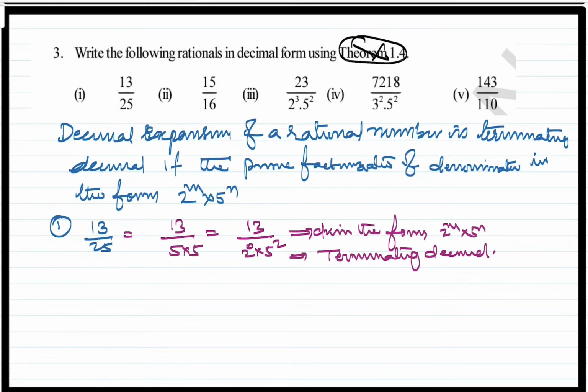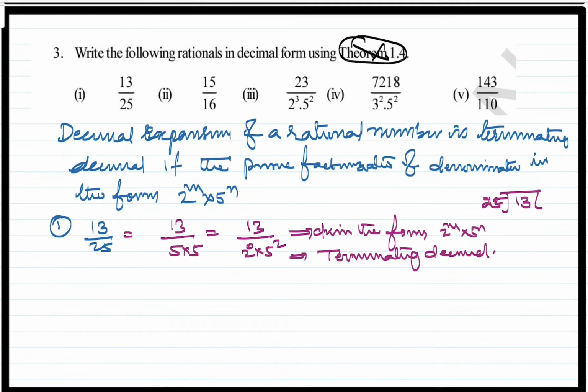So what is the decimal form of this one? Now I am going to tell you. Its decimal form means a terminating decimal. Okay, I will tell you this one and the decimal form also. 13 divided by 25. So anyway it gives the terminating decimal.